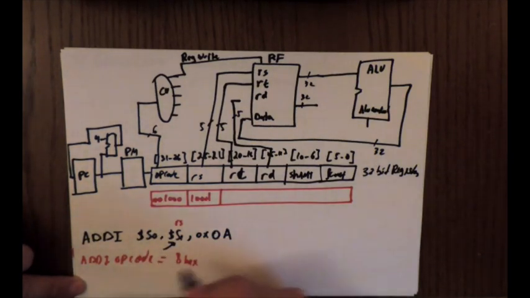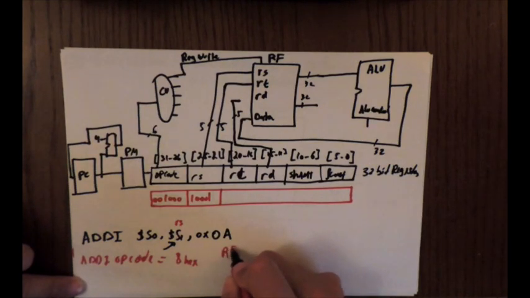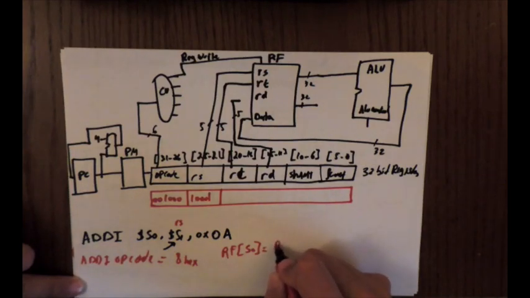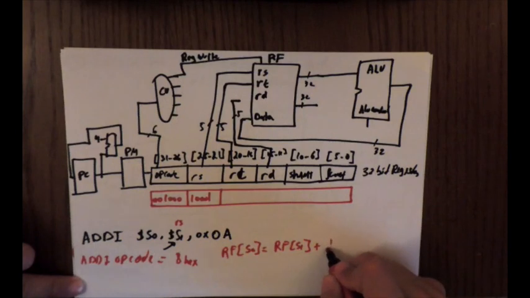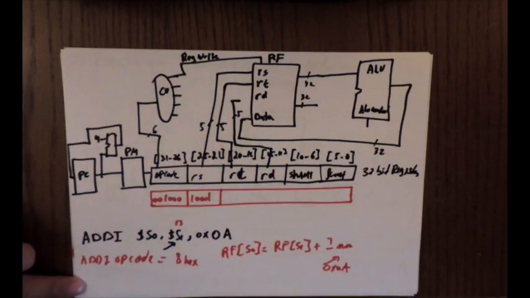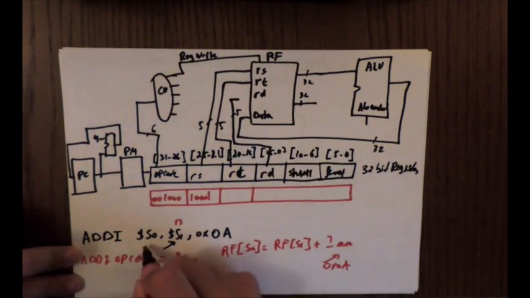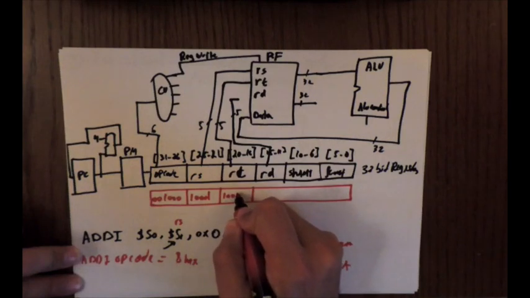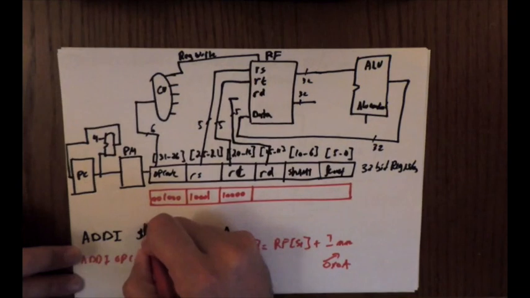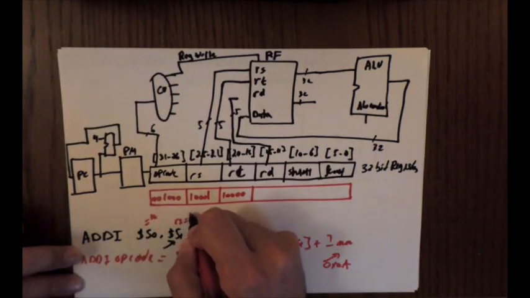Remember, what addi does is register file of $s0 equals register file of $s1 plus immediate, which is in this case 0x0a. So this is RS. RT will be $s0, which is going to be 16. This is 16. This is 17 as address.